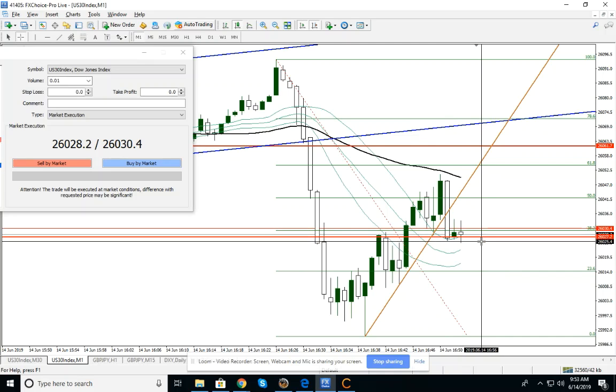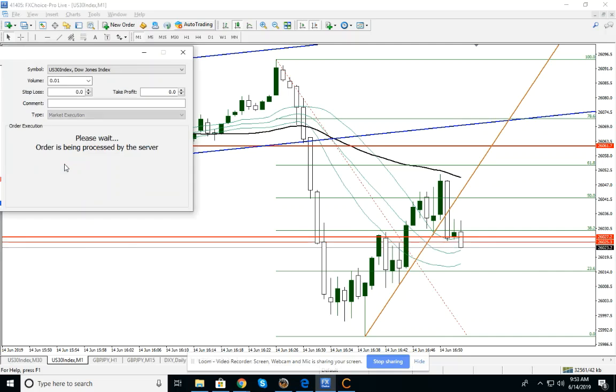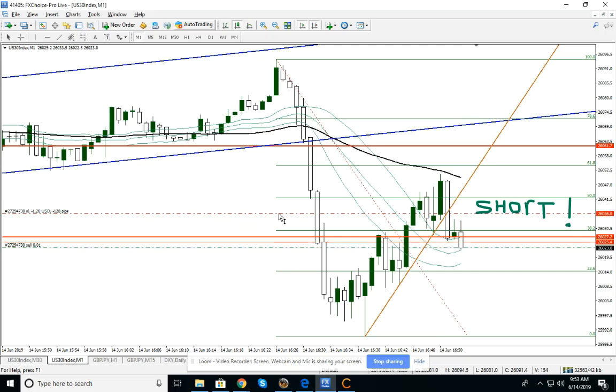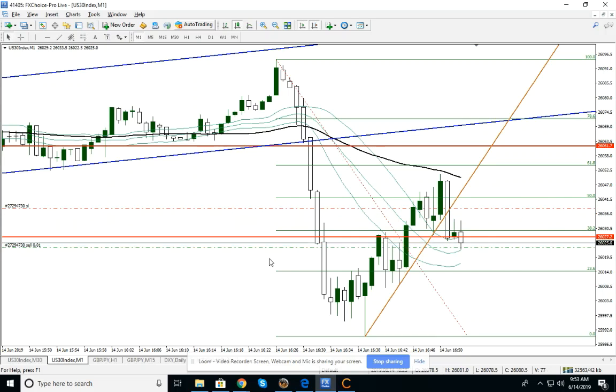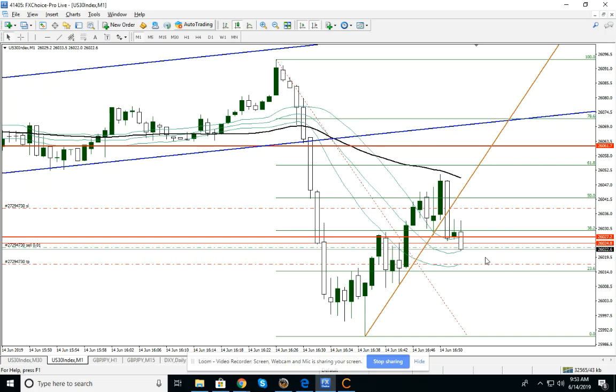It broke down past the low there. I think I will short this. Okay, now we'll just put a stop up here, and we will start by putting a take profit around this 23, right? That's like about 6.